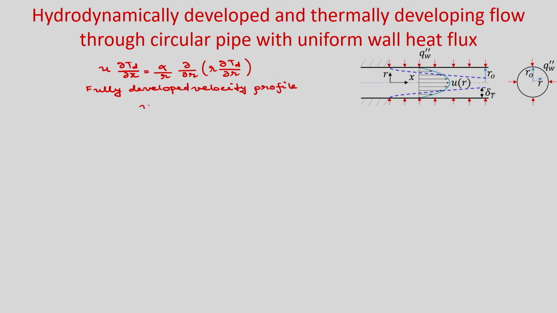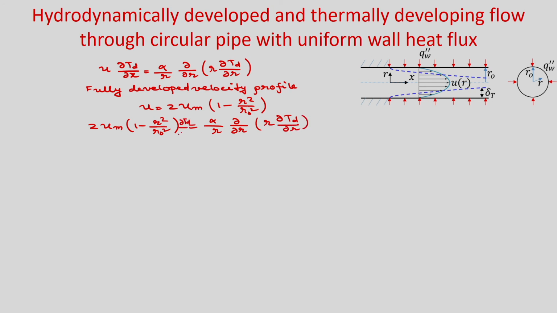You put it here, so you will get twice u_m (1 minus r squared by r_0 squared) equal to α/r ∂/∂r (r ∂T_d/∂r), with ∂T_d/∂x on the left.